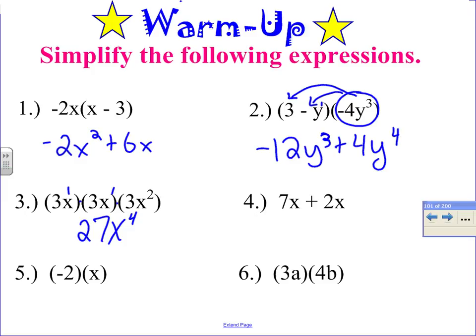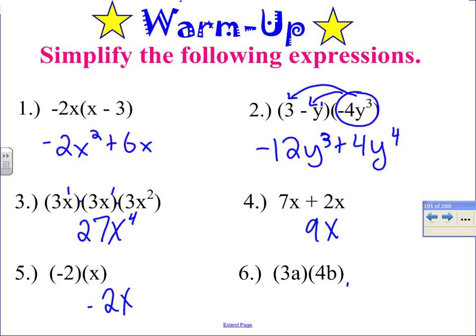Justin, number 4. Good, 9x. Number 5, Sean. Good job, negative 2x. Number 6, Briar. Okay, why don't you try to do it right now? Nope, you're just rereading the problem. Adam?